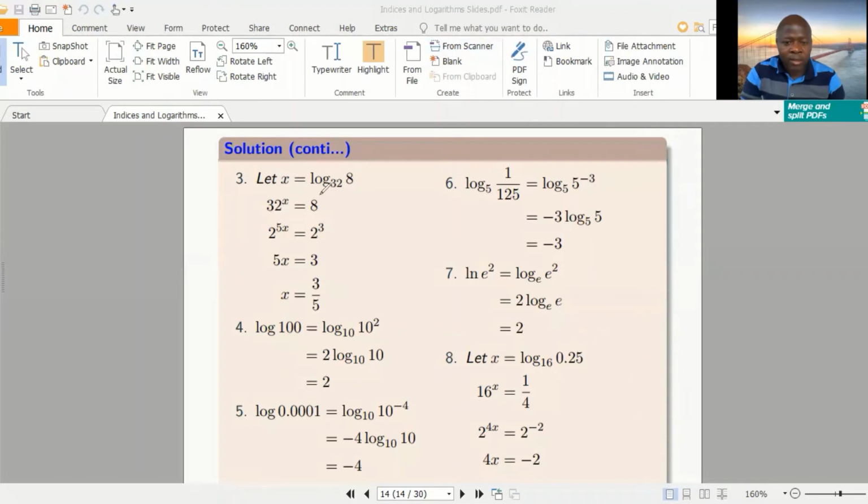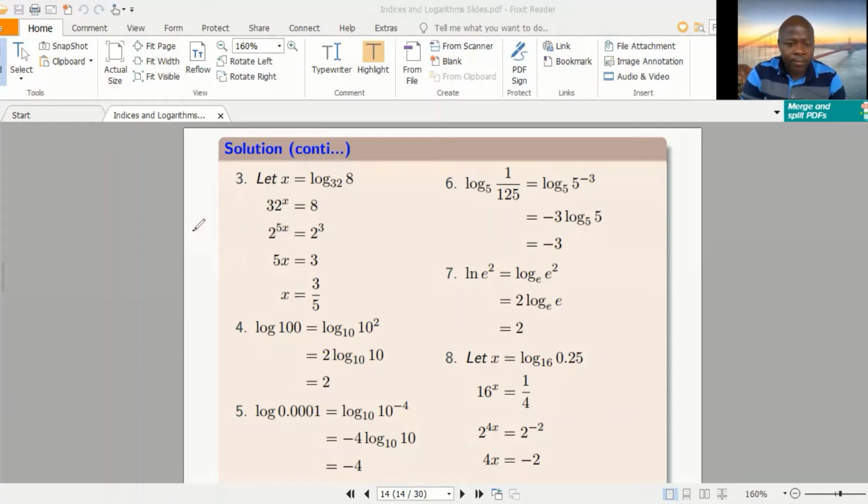So I have 32 raised to x is 8. Then write 32 in terms of 2 and 8 in terms of 2, because I notice that 2 is the only number that is common. I can express 8 as 2 raised to 3 and 32 as 2 raised to 5.